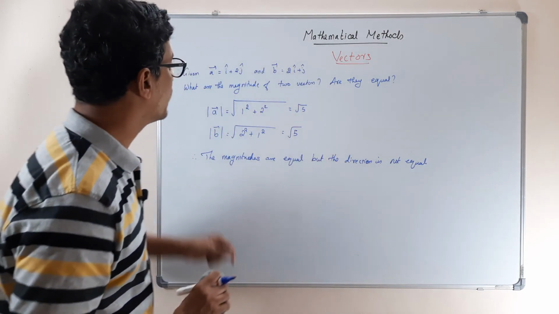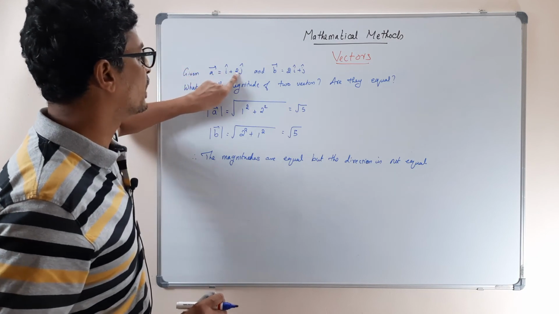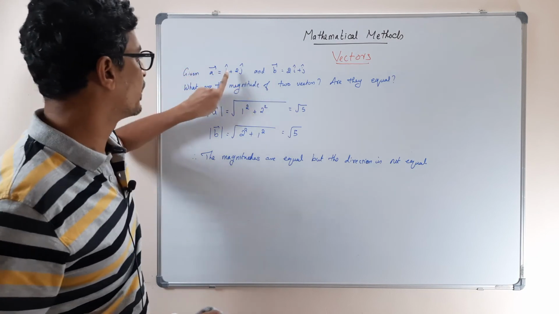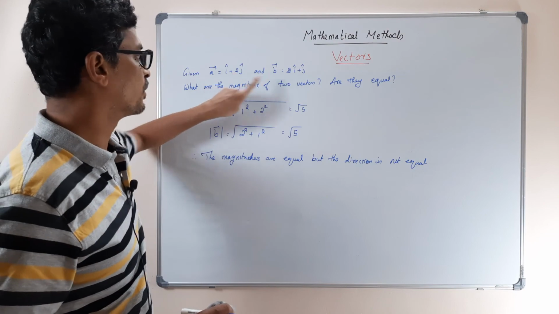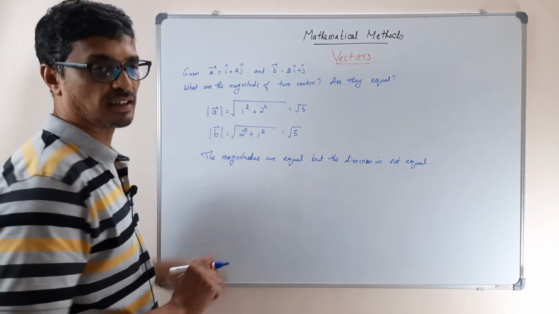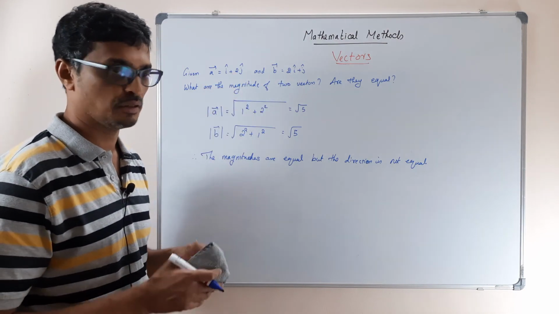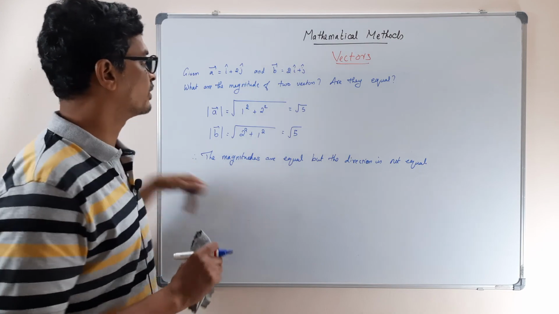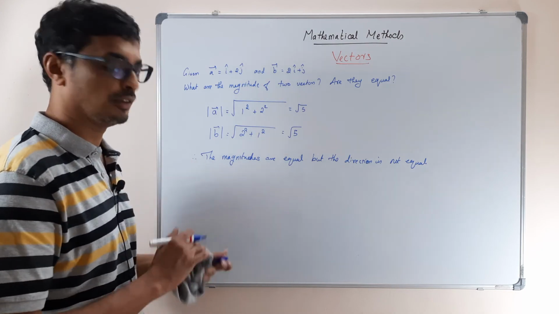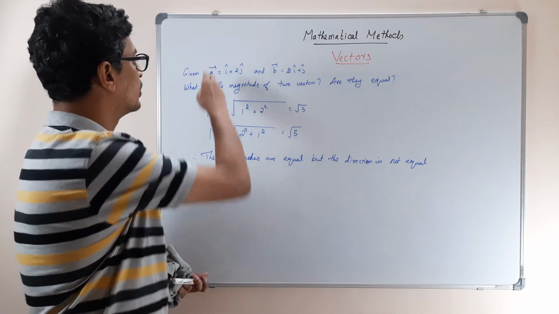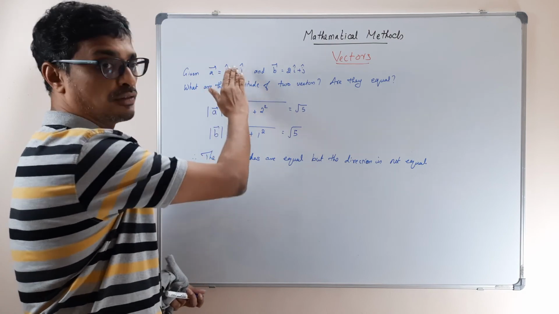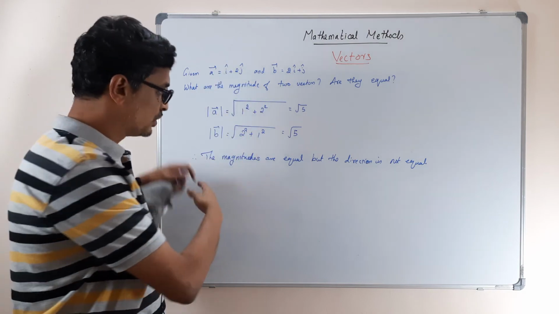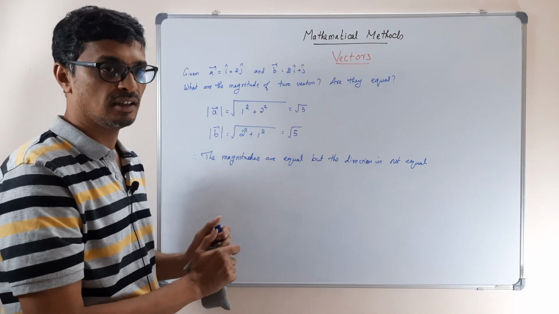The reason is that the i component here is 1, there it is 2, and the j component is 1 there. Therefore these vectors are not equal. So write it in the proper language: the magnitude of the ith component and the magnitude of the jth component are not equal. Therefore, these two vectors are not equal.